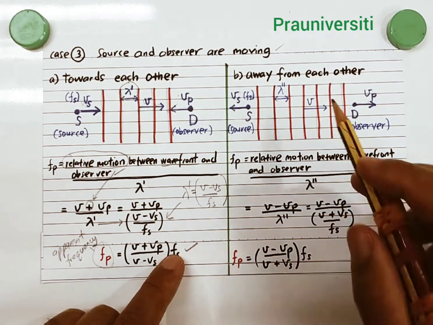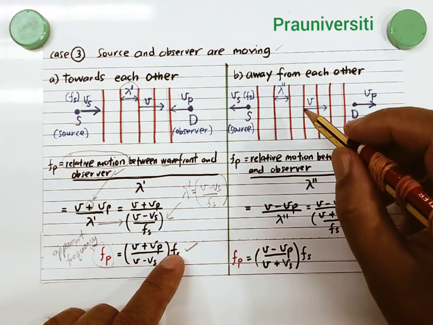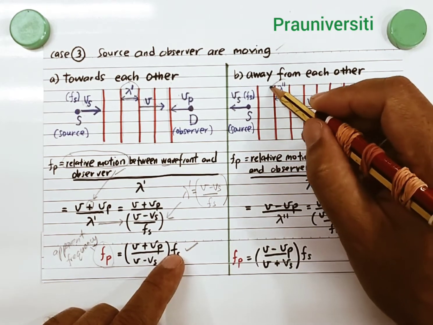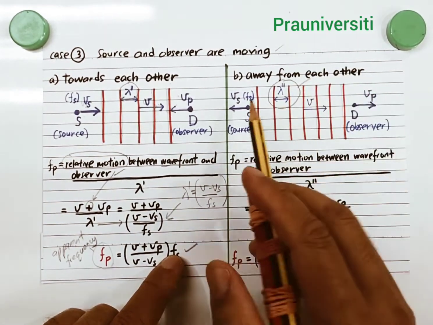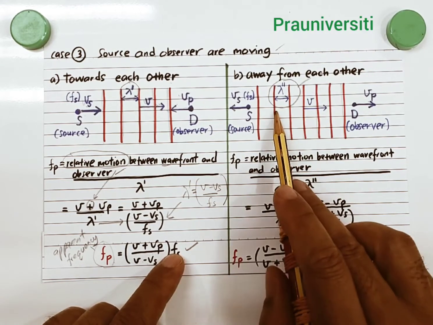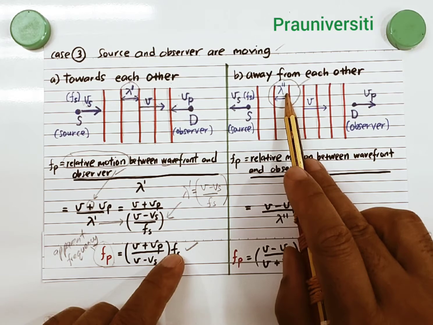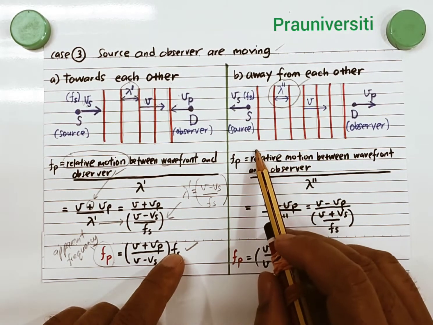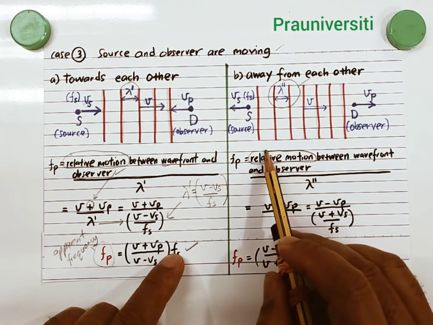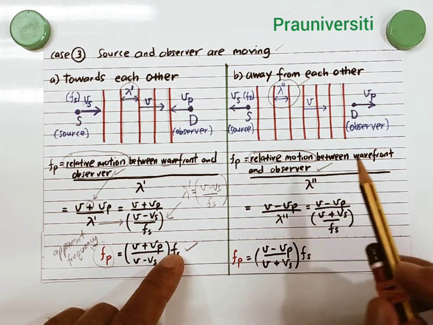First, we have to declare whether it is lambda prime or lambda double prime. I'm very clear here. The source is moving here, so this wavefront is at the back of the source, so we use lambda double prime. As usual, we find the relative motion between the wavefront and the observer.